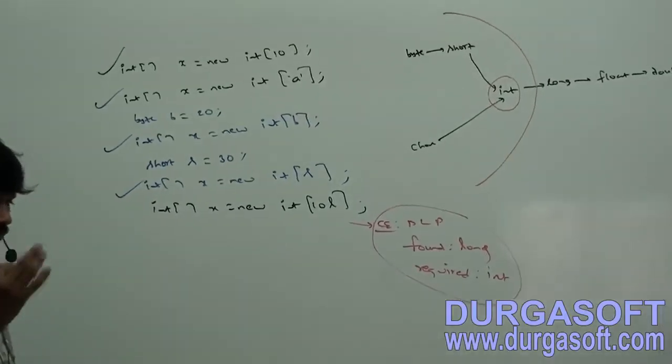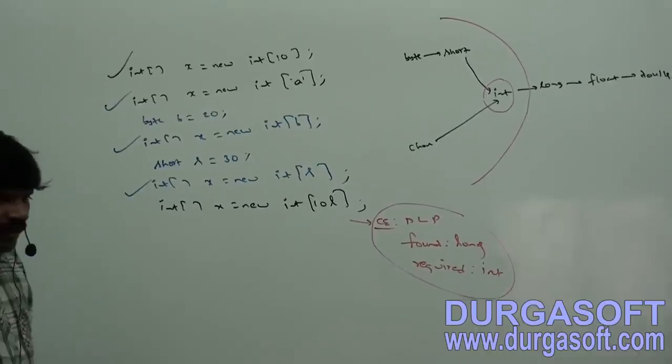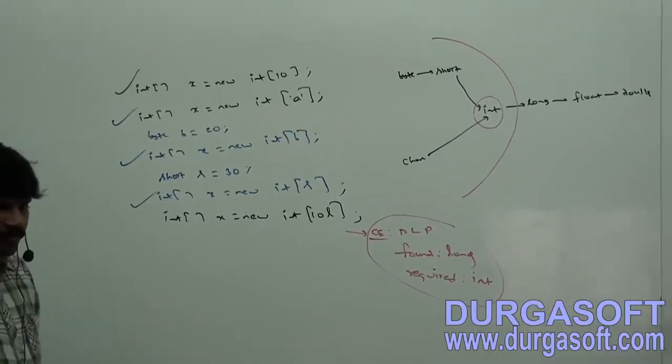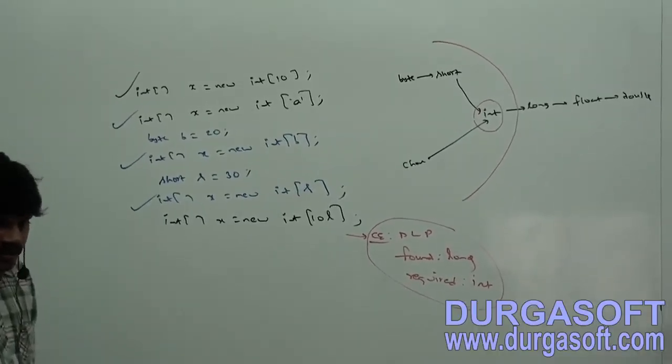Byte, short, char, int. Better to take one by one. Byte, short, char, int.